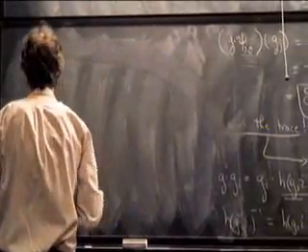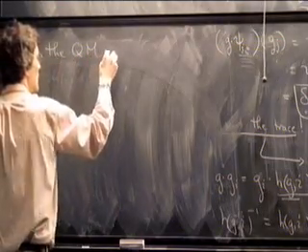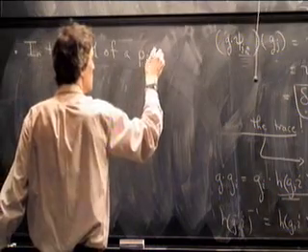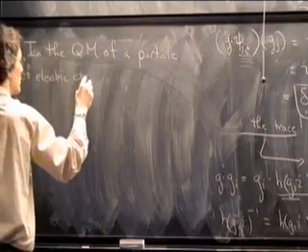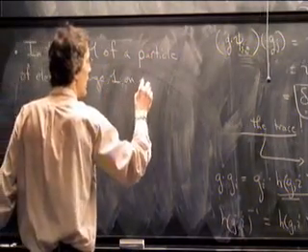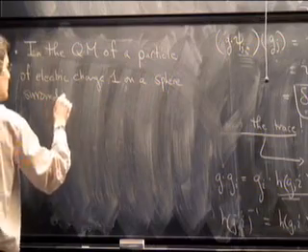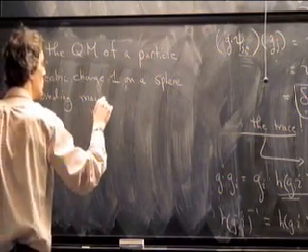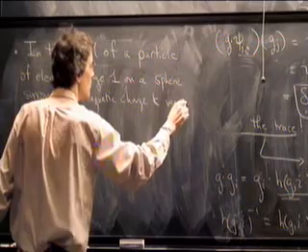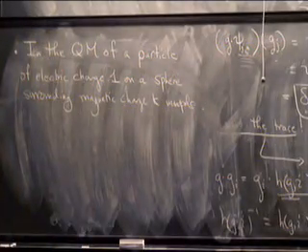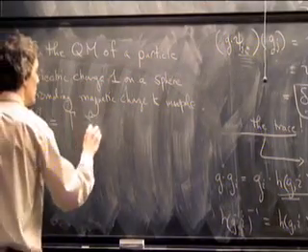And in fact, another remark: in the quantum mechanics of a particle of electric charge 1 on a sphere surrounding a magnetic charge k monopole, the Hilbert space of the electron would be this.